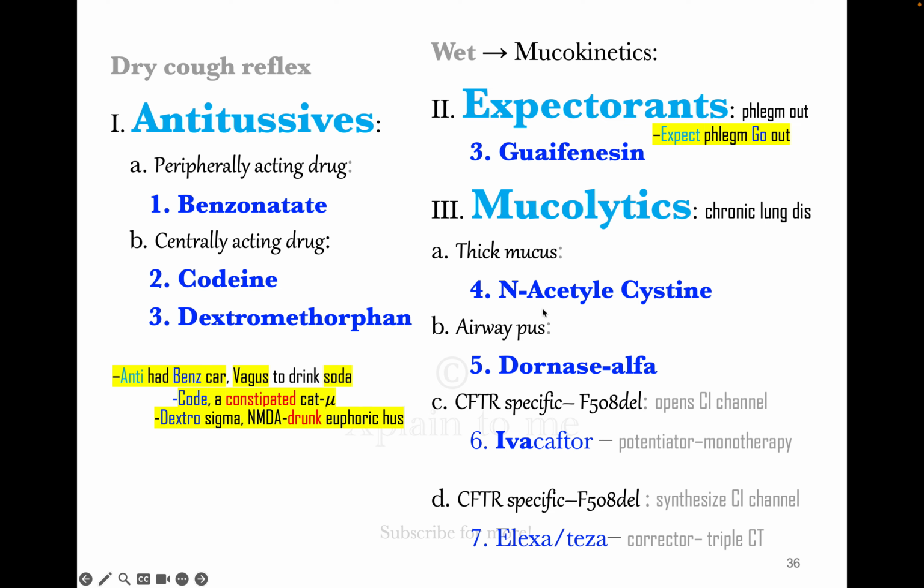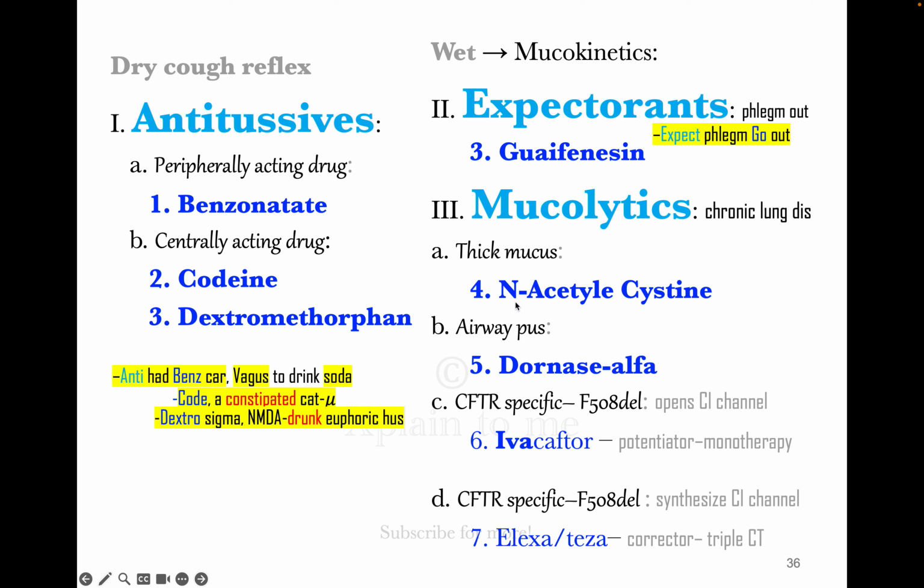That is why when the patient uses the nebulized form, that's how I remember NAC for nose, nebulized form. NAC is commonly used for chronic lung disease with thick mucus to break the disulfide group. And it has a rotten smell. The reason is NAC can release a lot of hydrogen sulfide. This can cause that smell, okay?